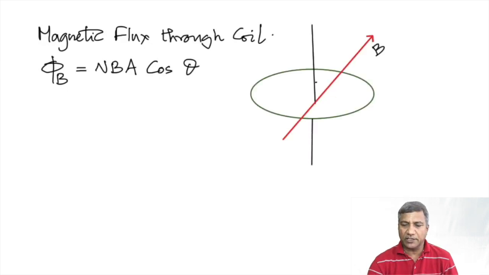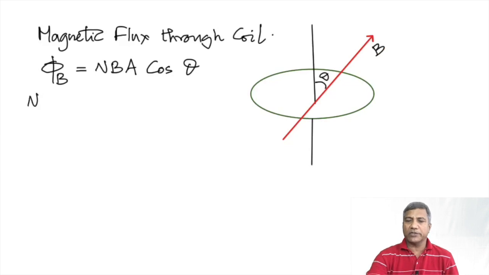So here's the diagram, and you can clearly see that this is the plane of the coil, and here is the perpendicular drawn to that coil, and this is the magnetic field. So you see the angle is taken not with the plane of the coil. This is not where we take the angle.